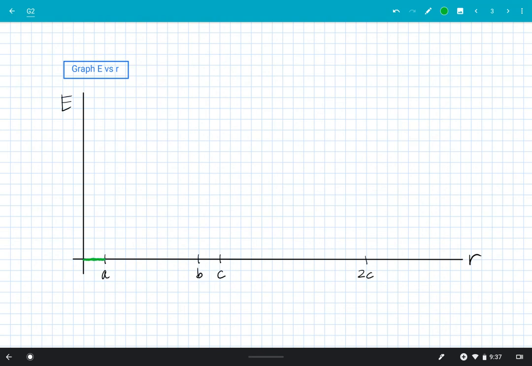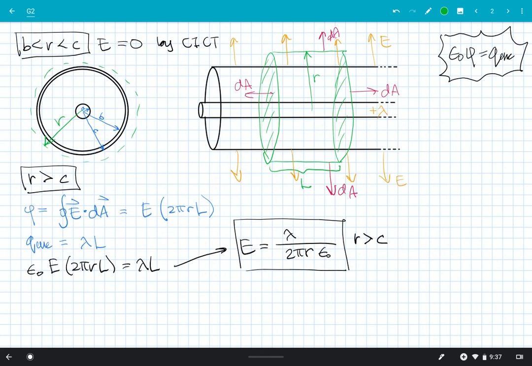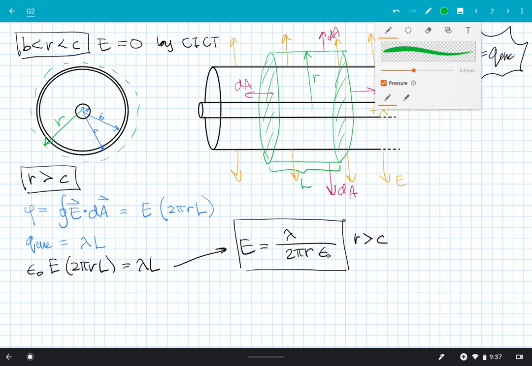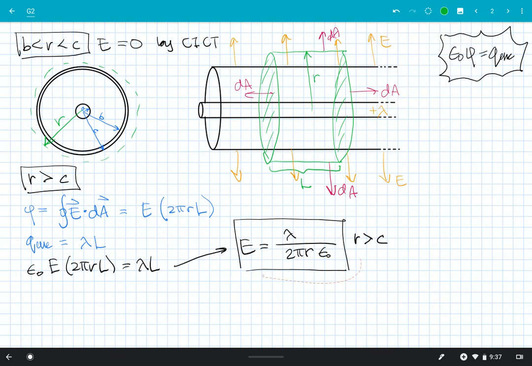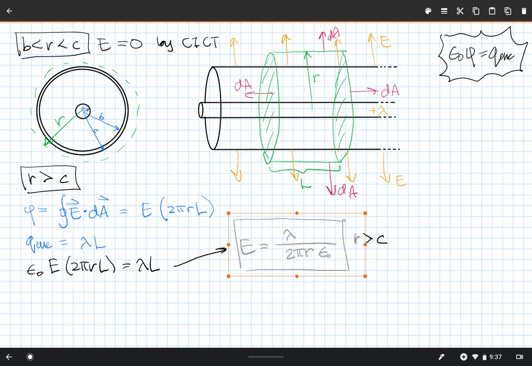So that's at 0, between 0 and A. And then between A and B, the function goes with 1 over R. When you're thinking about where to start it, remember the function. Let's go back and look at that function for just a second. It's lambda over 2 pi r epsilon naught, right? So let's grab that and put it on our next page real quick.